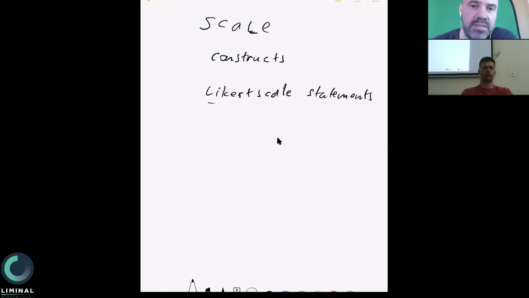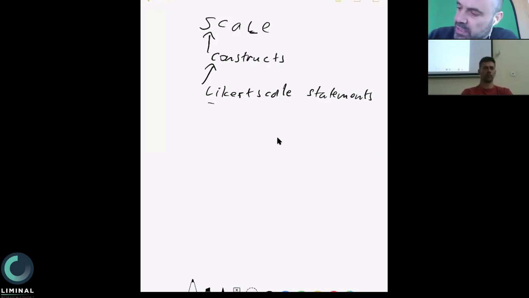So you have a statement and then you agree, strongly disagree, all of that. So that's your Likert scale statement. Those are the items that form part of the constructs, and then the constructs form part of the scale.